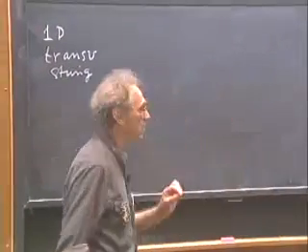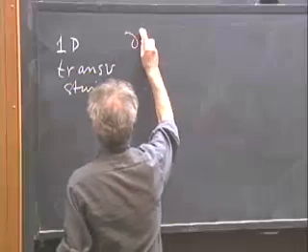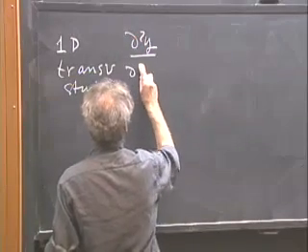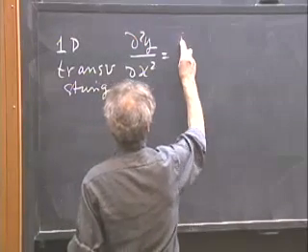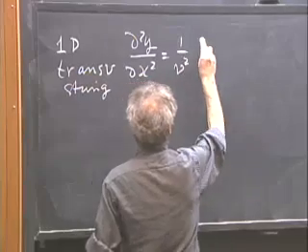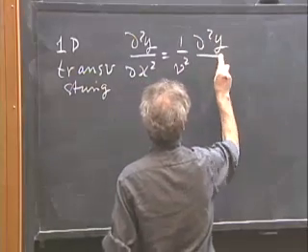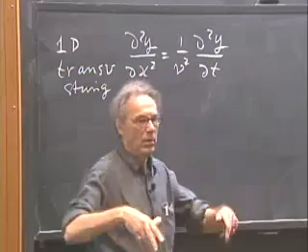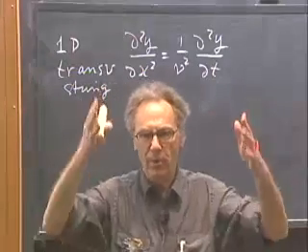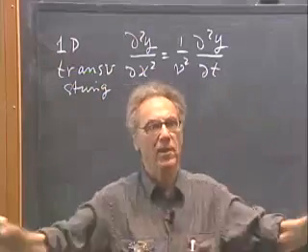We derived the wave equation. And then you get that d2y/dx squared is 1 over v squared times d2y/dt squared. Y being now the displacement away from equilibrium in this position if x is in this direction.